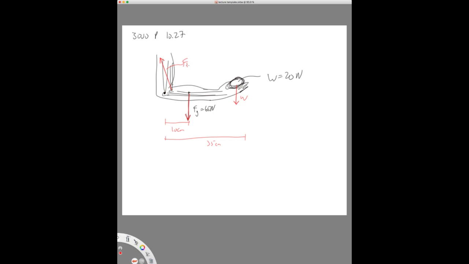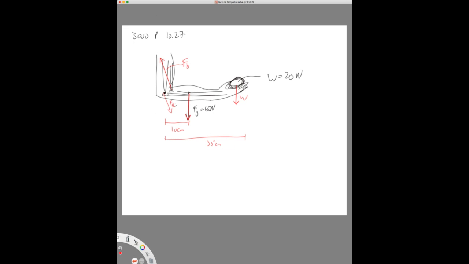Call that the force biceps. And what they don't really tell you is that there's another force here, probably more like that, from the upper arm on the elbow. Okay, so those are the four forces.